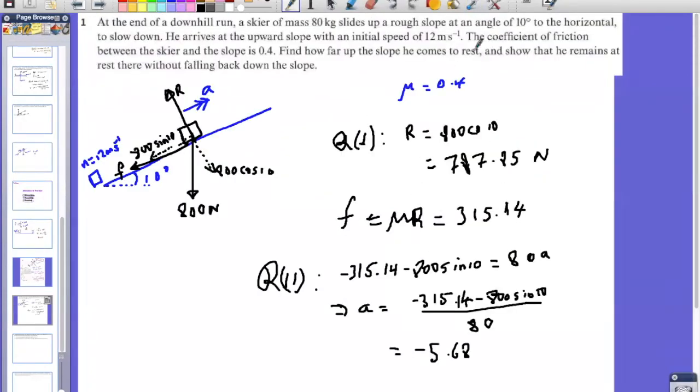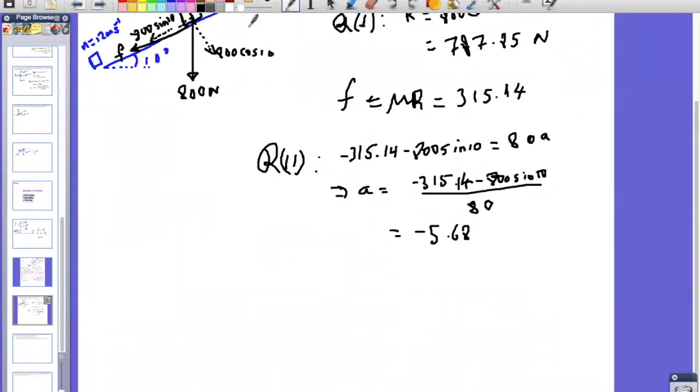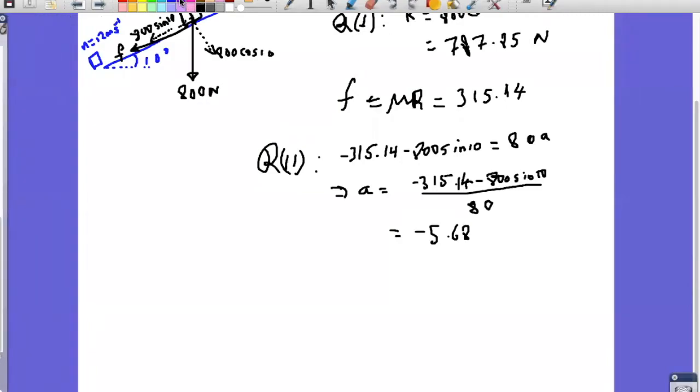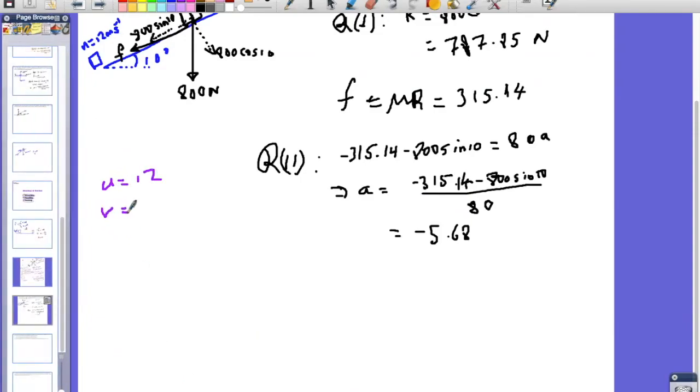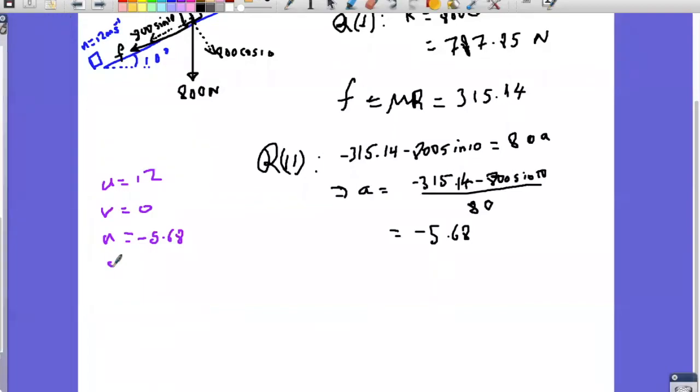Is that all we are asked to look for? How far he moves up the slope before coming to rest. So u is 12, v is 0, a is negative 5.68, and s we don't know. v squared equals u squared plus 2as.